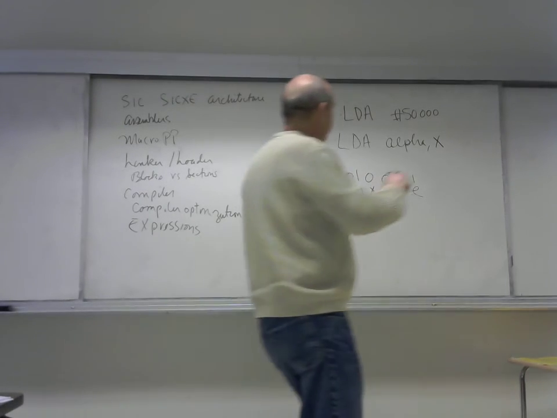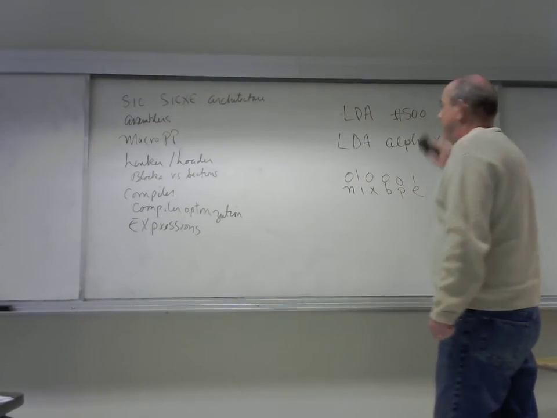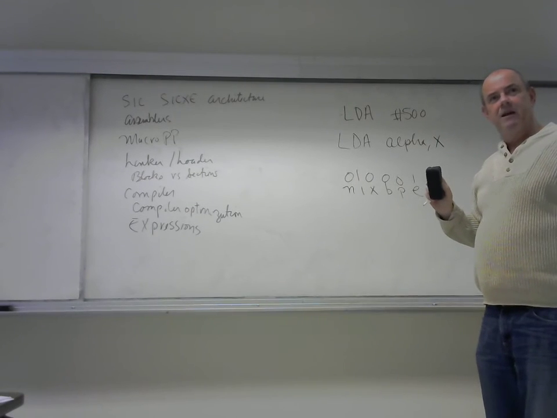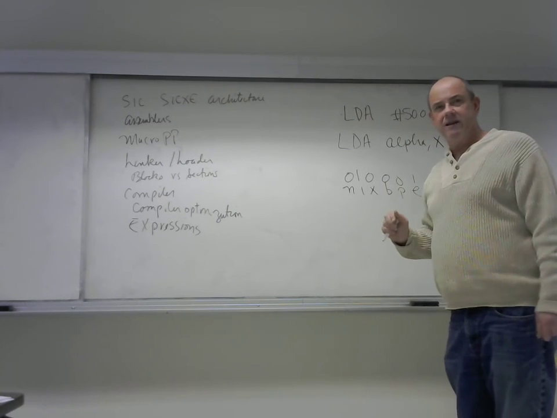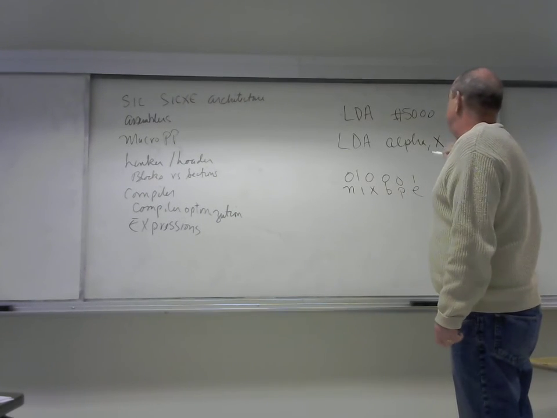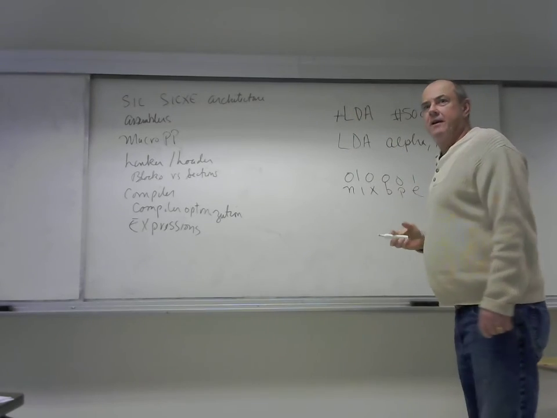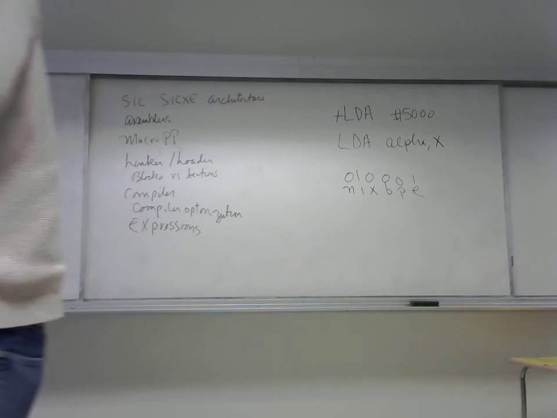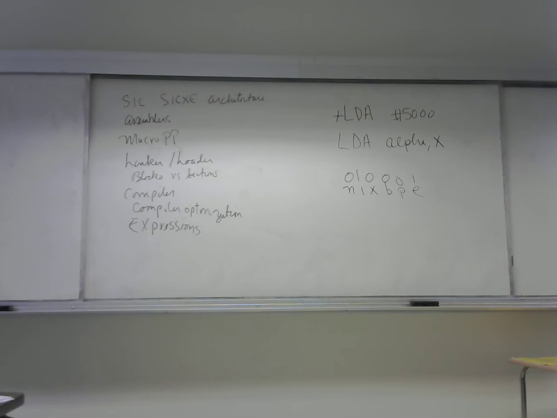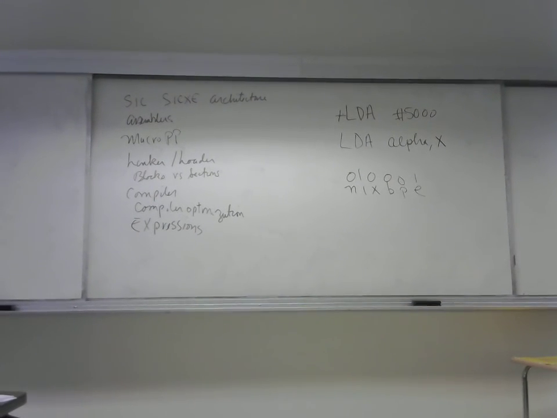I could say LDA 500, but 5,000 is too big. So is the largest possible constant 2047? I hope not. So yes, we can do that, but you have to use format 4, which means that 20-bit field holds an immediate value instead of an address. So it can be up to 2 to the 20th, about 1 million.